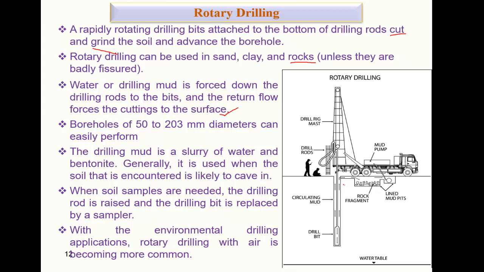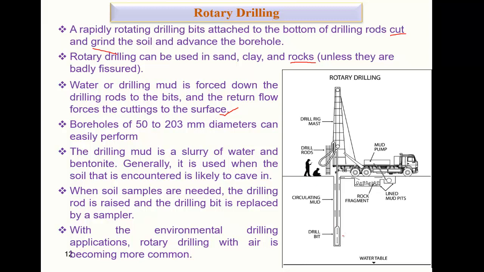Actually, while it is cutting, water and drilling mud, sometimes called water with bentonite, like mixing water with bentonite, is added into the borehole and we force it down through the drilling rod to the bits, and then the return flow forces the cuttings to the surface.